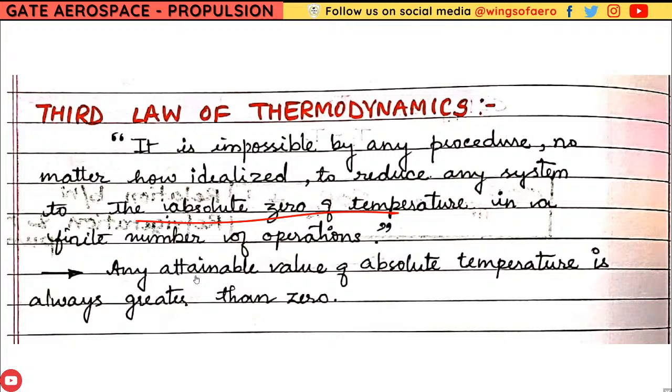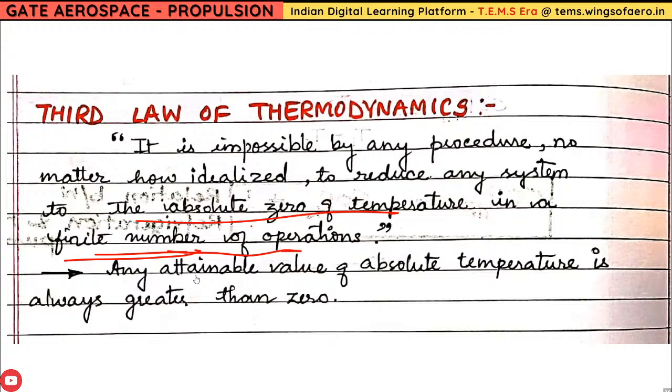Okay? And can you tell me the reason why? Why we can't reach? Based on a microscopic level, the reason? Whenever we reach 0 degree Kelvin, what happens to the intermolecular systems?